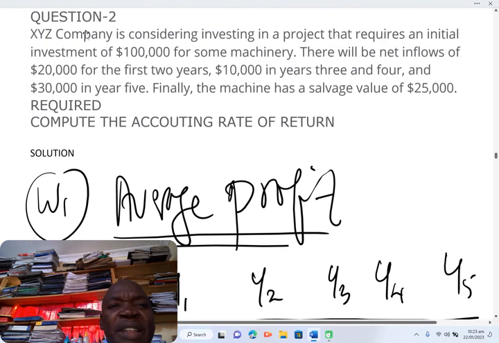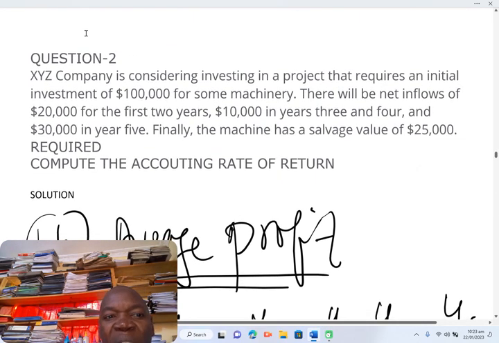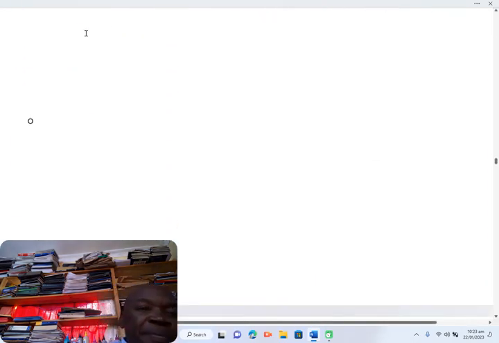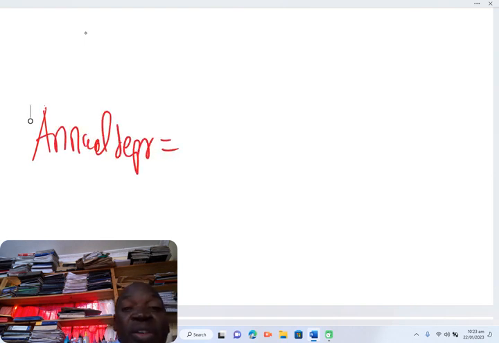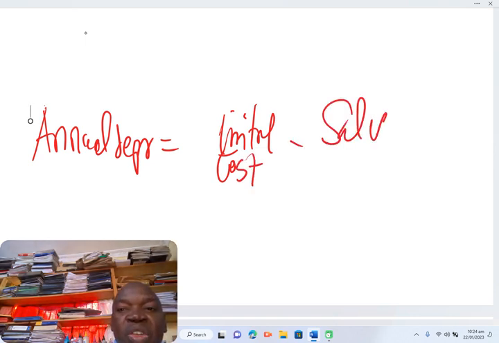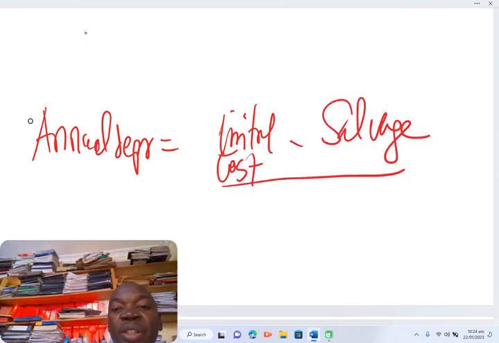Now, from this net inflow, we have depreciation missing. So depreciation is equal to initial cost minus salvage, divided by the useful life of the machine, which is 5.